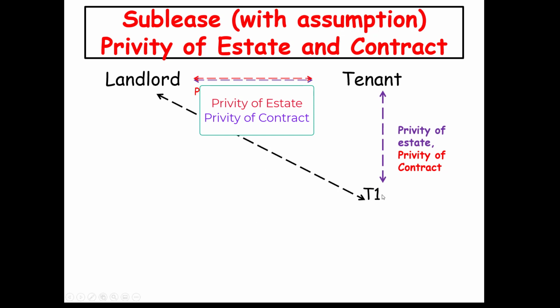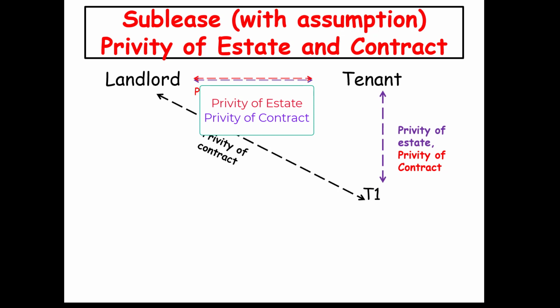But because the deal between the tenant and the new tenant includes in the contract a provision that the new tenant will pay the landlord the rent described in the original lease, that means that there's privity of contract between the landlord and the new tenant, sufficient that the landlord can directly sue the new tenant for rent.